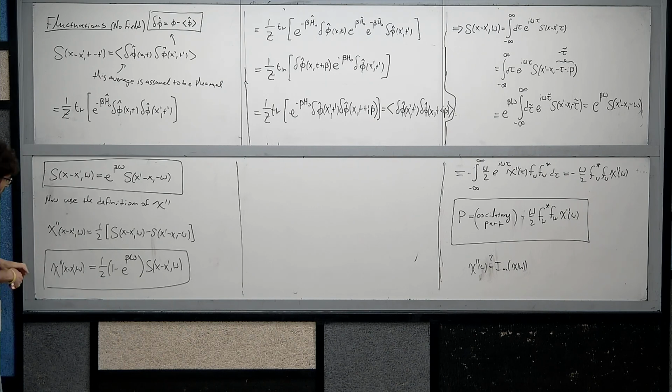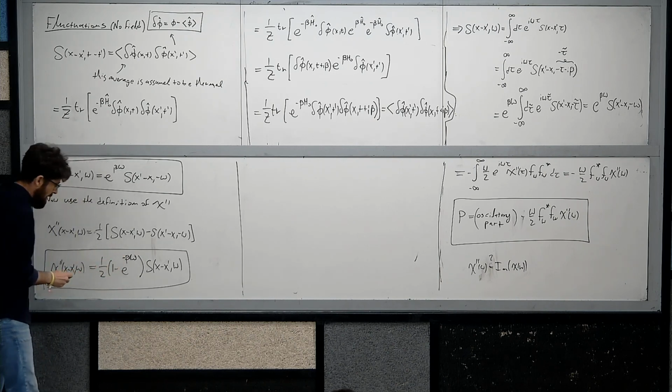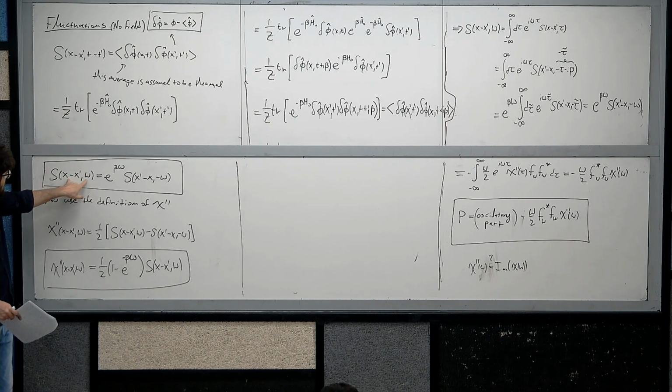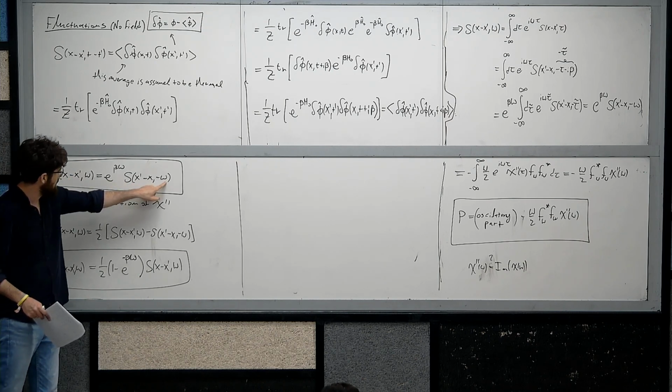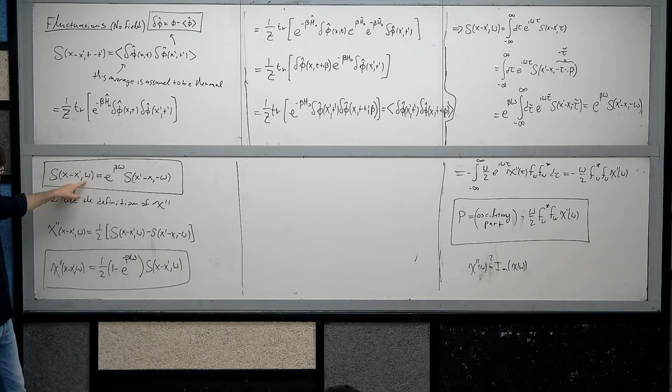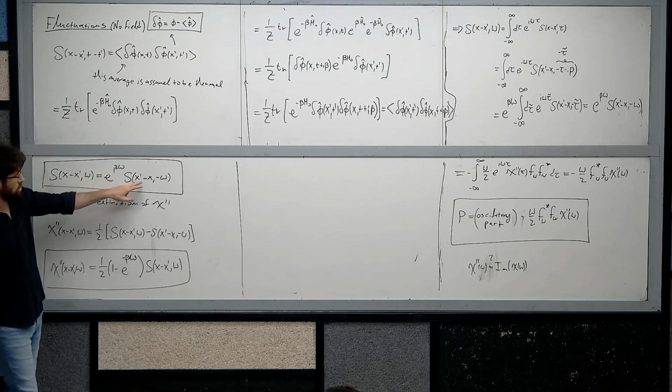No, sorry, this is with the minus. Otherwise it would make no sense. Maybe did I get the previous one right? So the point is that these are excitations at frequency omega. This is at minus omega.